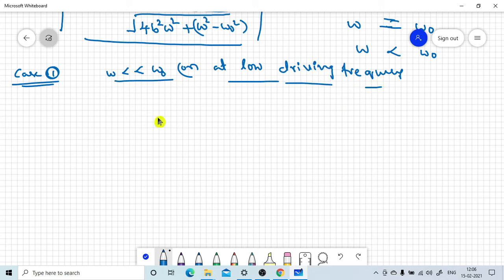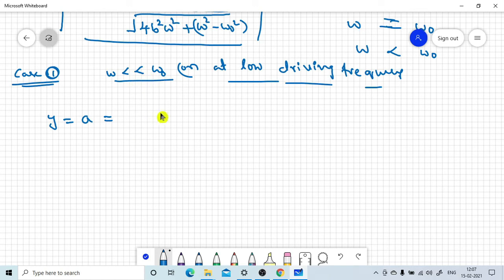The maximum displacement is the amplitude we will get. So for the maximum displacement, I am using y, which I can convert as a, where omega is very much less than omega naught.